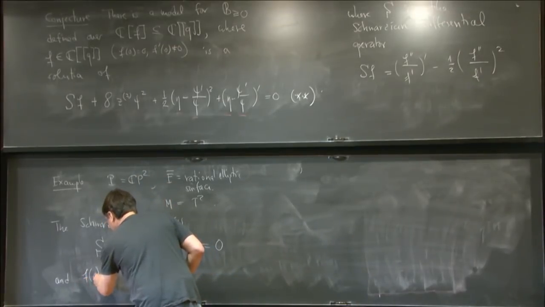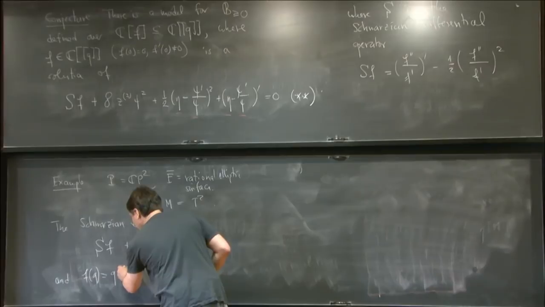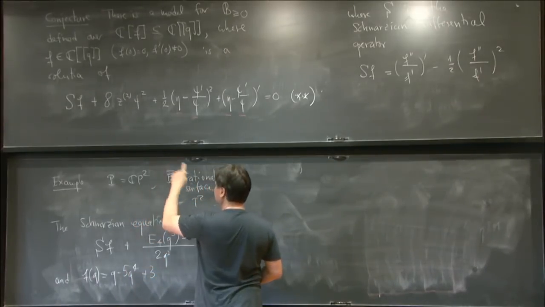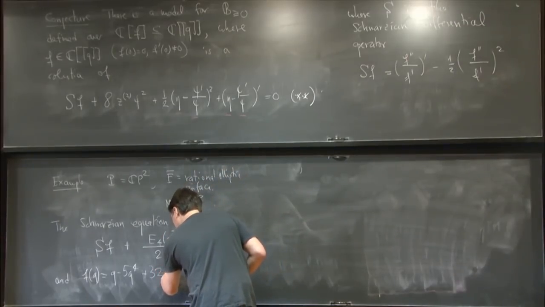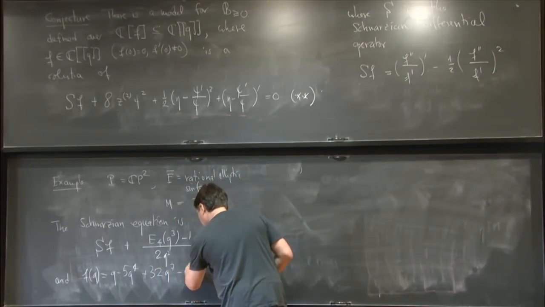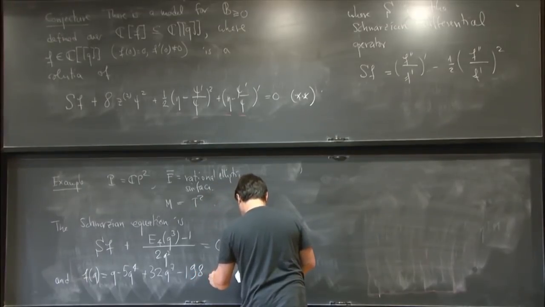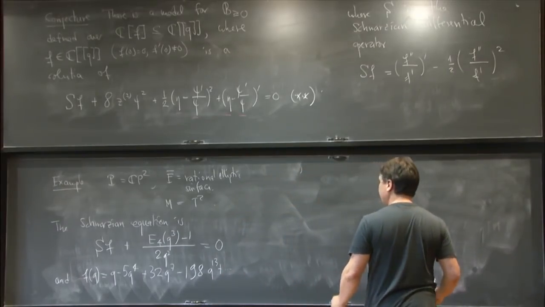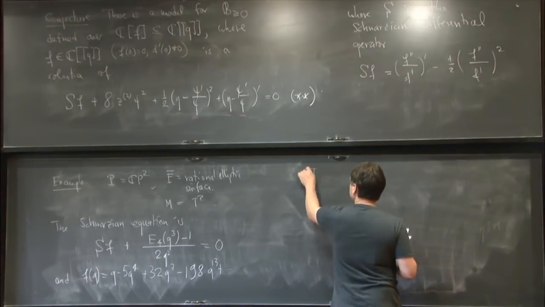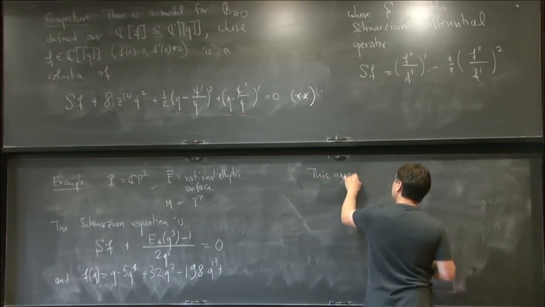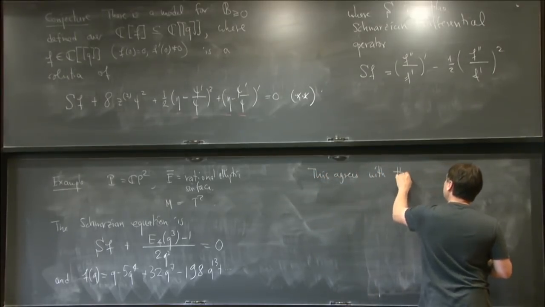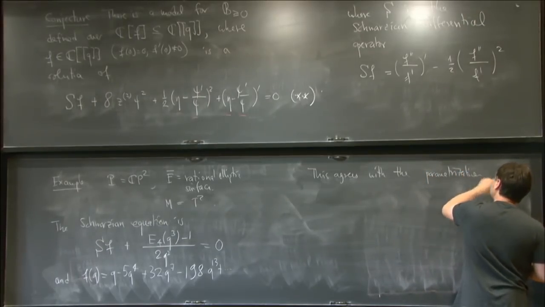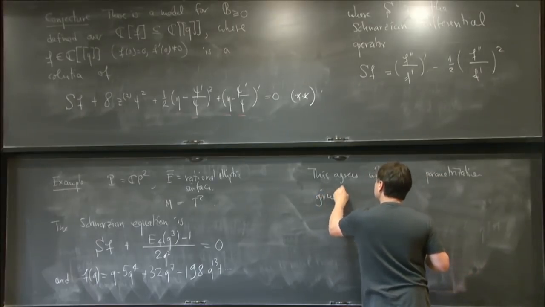f of q is equal to q minus 5q to the 4. So when you solve this order by order, okay, this agrees with the parameterization given by mirror symmetry.